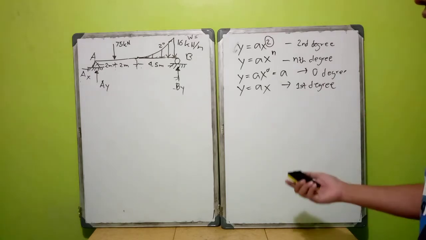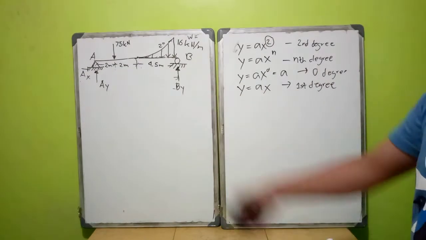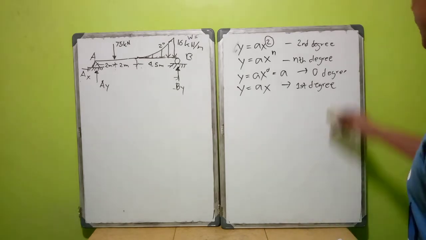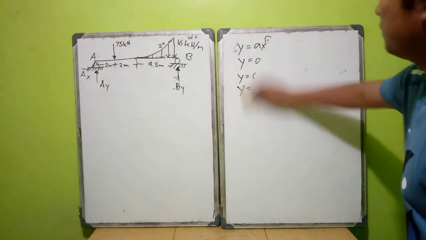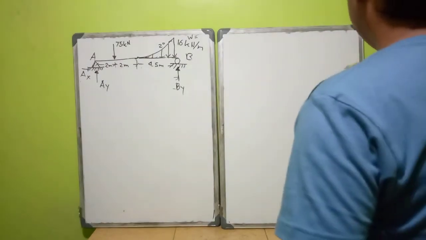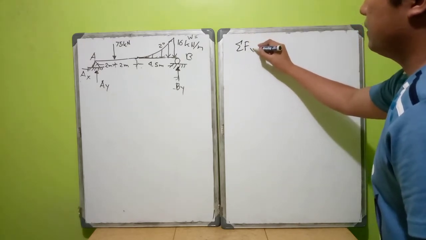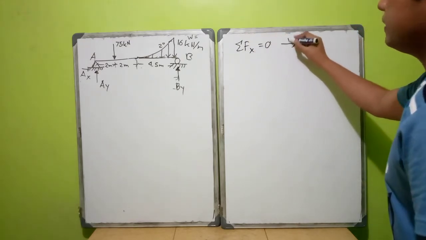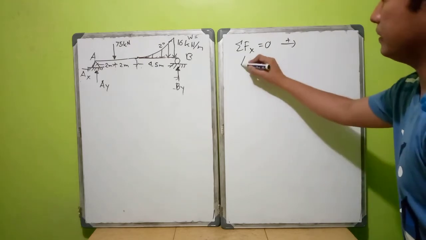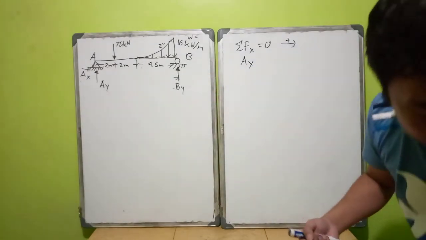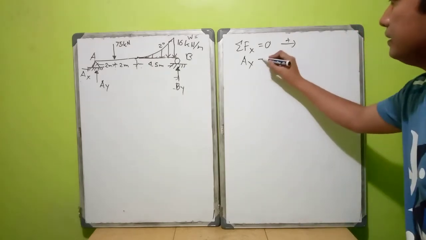Now, just like the previous examples, we will solve first the reactions. We have summation of forces in x equal to 0, with right as positive. Since there are no other horizontal forces, Ax is 0.